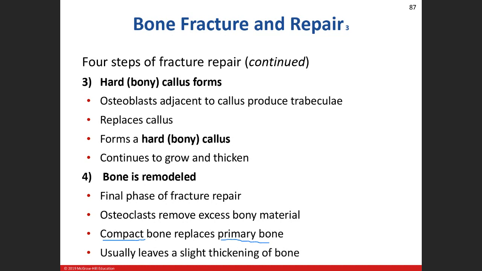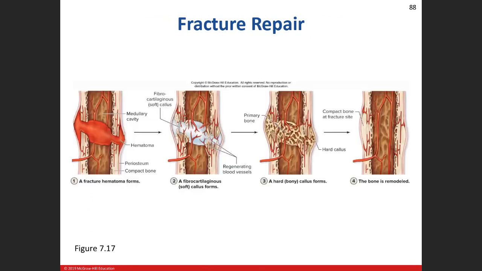Let me show you that last picture here real fast. Right here. Again, we resorbed that trabecular bone that was sitting on the inside here, so we've reestablished our medullary cavity. You'll have some extra bone here and here, and over time that will remodel and resorb.